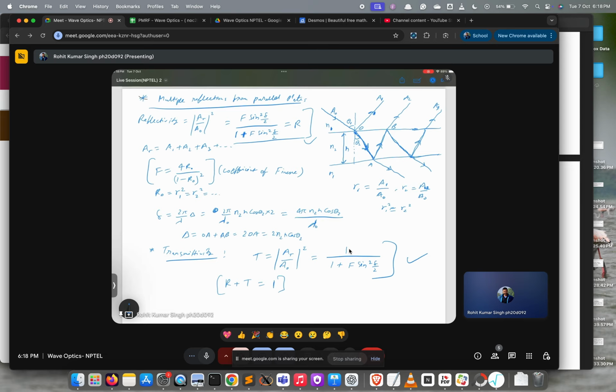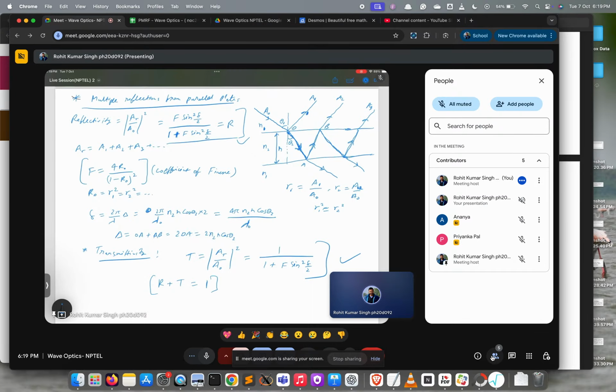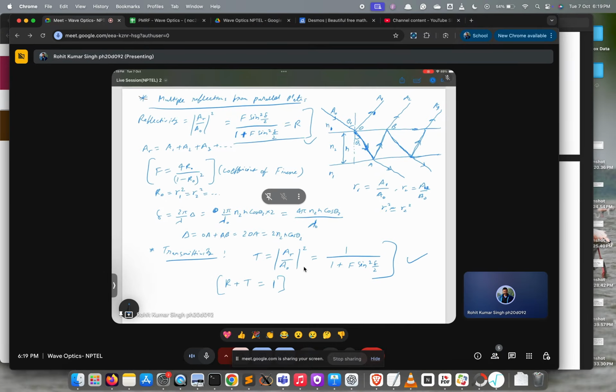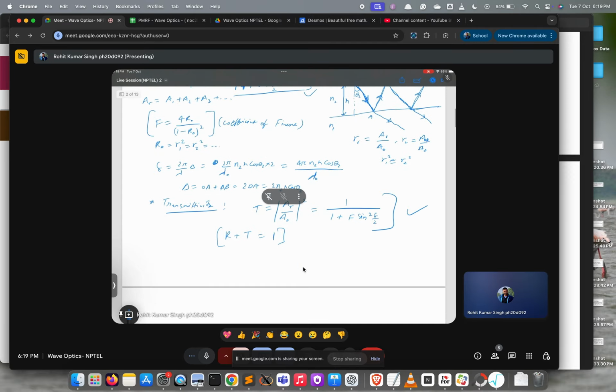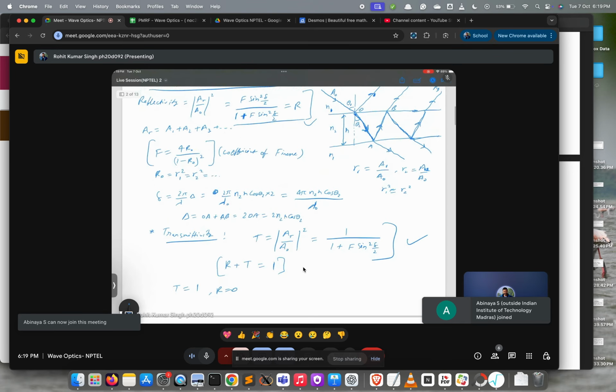Because either your light will be reflected or transmitted, so it is just the relative thing that if it is more reflected, then reflectivity will be more, transmittivity will be less, and vice versa. But there can be a case when the transmittivity is equal to 1 and reflectivity will be 0. So all of the incident light will be transmitted.